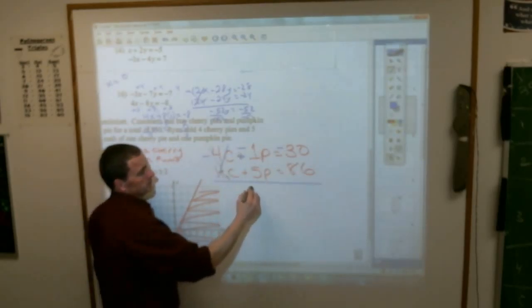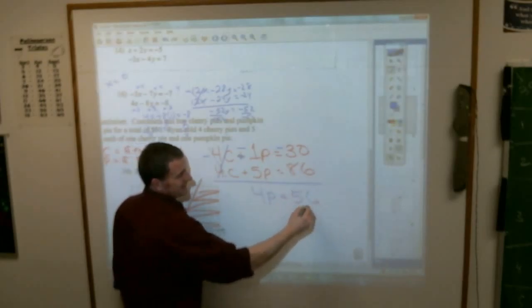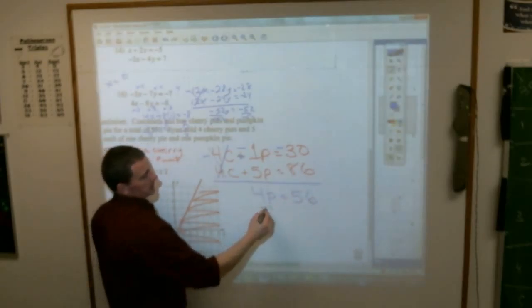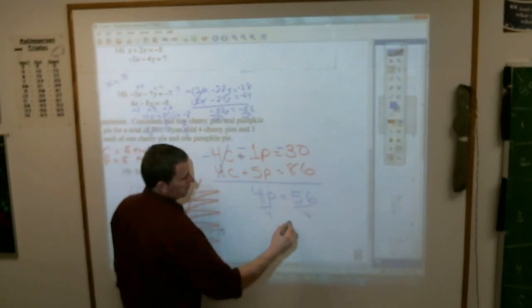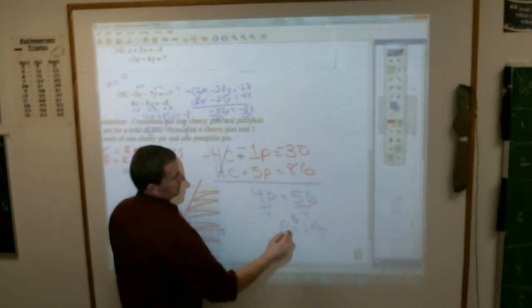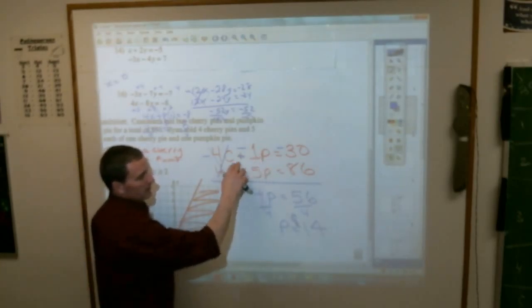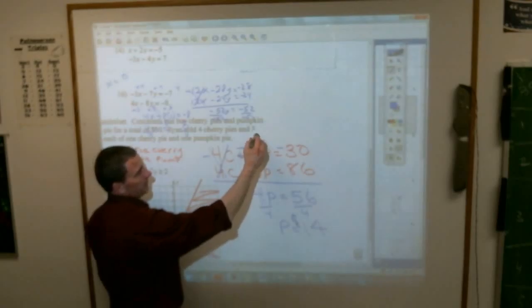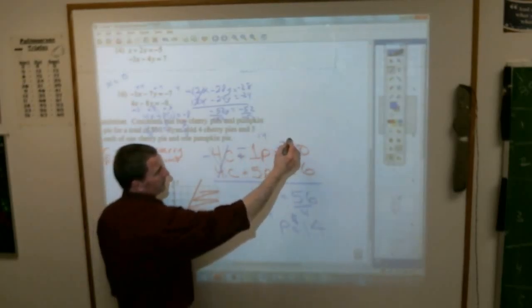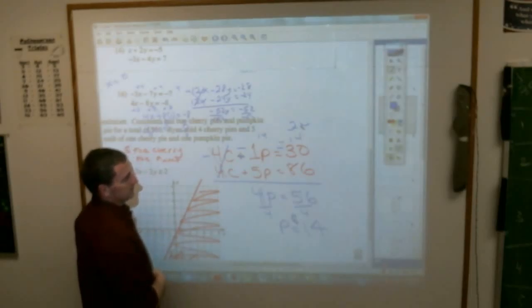Goes away. 4 pumpkin pies are going to cost $56. Divided by 4, divided by 4. Pumpkin pies, for some unknown reason, are $14. Meanwhile, I have to put that in one of my equations up here. If 1 pumpkin pie costs $14, I subtract that from my 30. 26, wait, that isn't right.